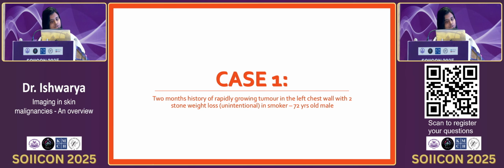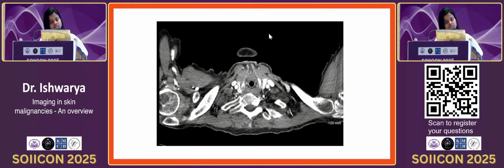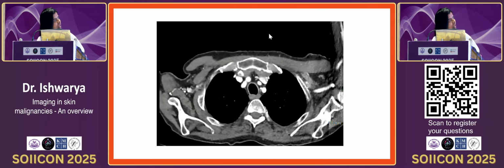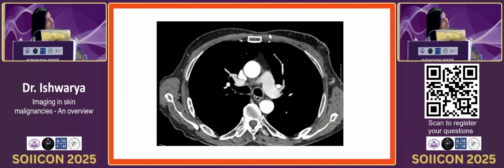So the first patient comes with a 2-month history of a rapidly growing skin tumor in the left chest wall, and also 2 stone weight loss, a 72-year-old smoker, and that's the CT. It's a quick scroll through.